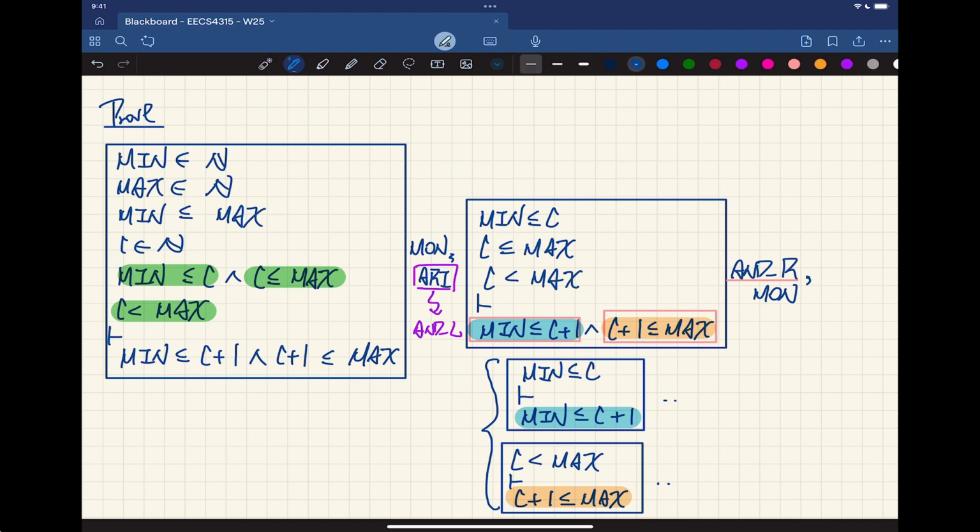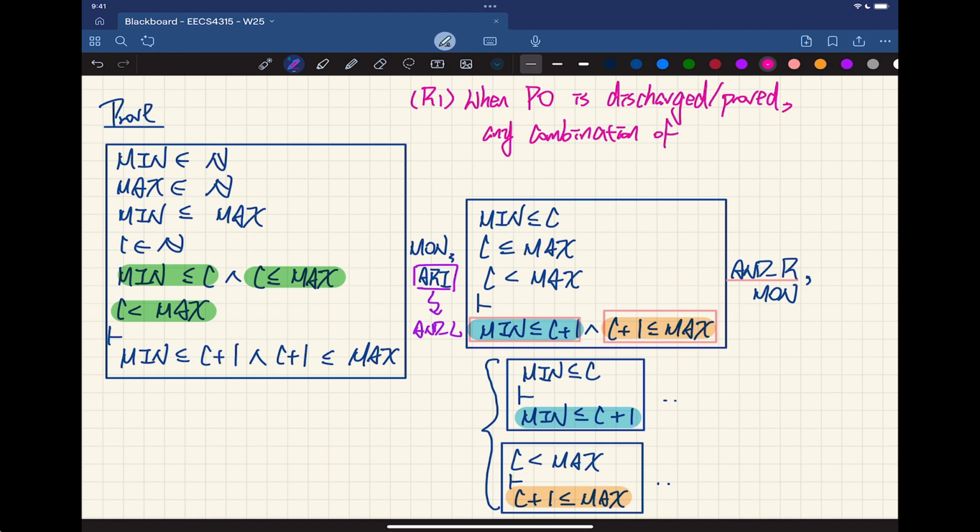Remark number one. When the proof obligation, for example, this particular one here, is discharged, is proved, any combination of the variables or constants will just work no matter what.